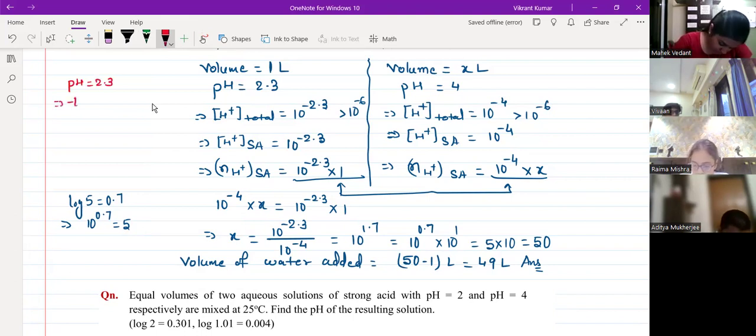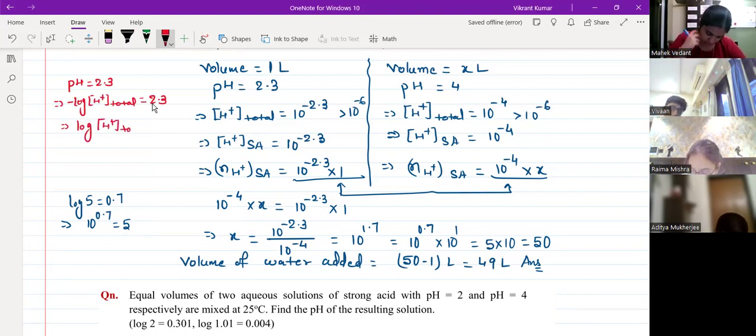pH is nothing but minus log of H plus total, is 2.3. What does it mean? Log of H plus total is minus 2.3. So whenever they give you log x is y, we can say 10 raised to y is x.